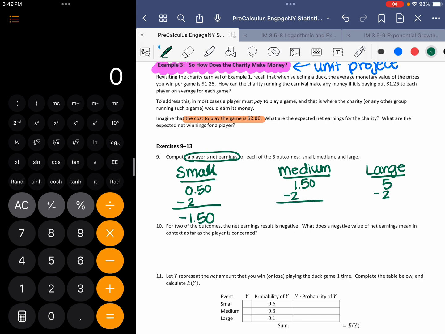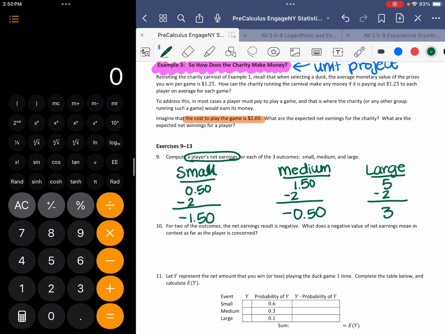If for the medium prize they paid $2 and they won $1.50, that means net they lost 50 cents. And for a large prize, if they paid $2 but they won $5, that means that they earned $3, right?